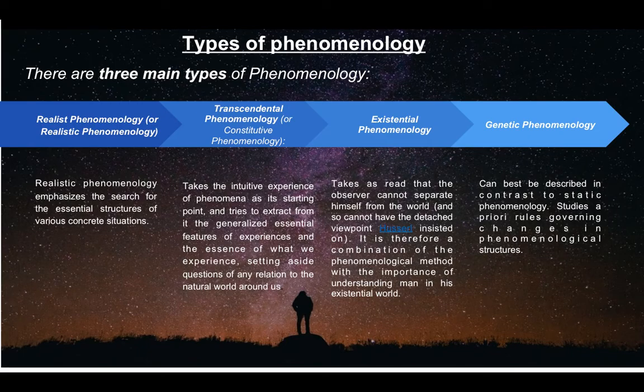The types of phenomenology. As you can see, there are three main types of phenomenology, but we also have an extra one. Let's begin with realistic. The realistic phenomenology emphasizes the search for the universal essences of various sorts of matter, including human actions, motives, and selves.